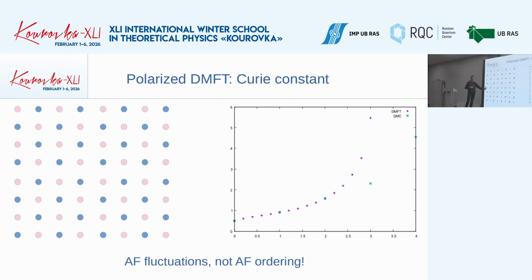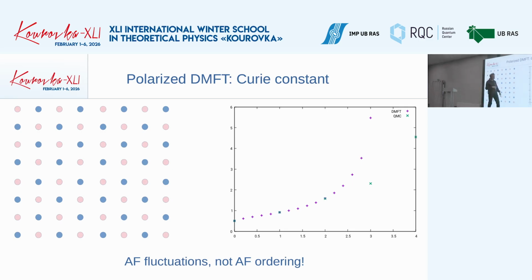You assume that the spin polarization is up for red ones and down for blue ones. Then you can introduce also an external antiferromagnetic polarizing field in your model and measure the spin susceptibility to this external field, and the result is drawn in the right panel.